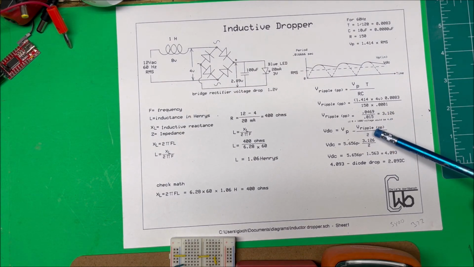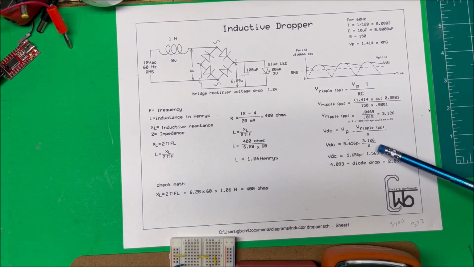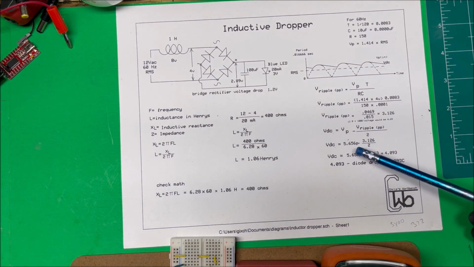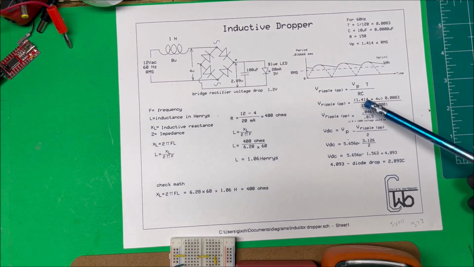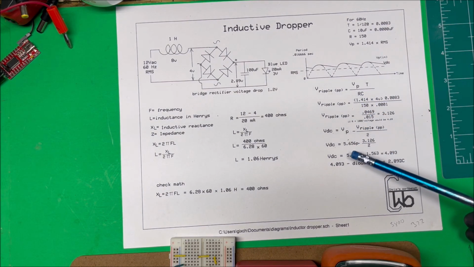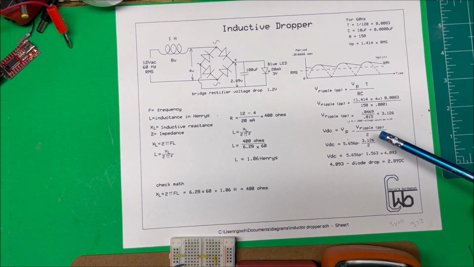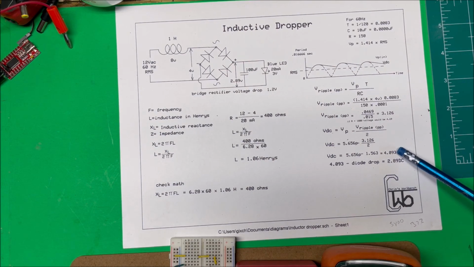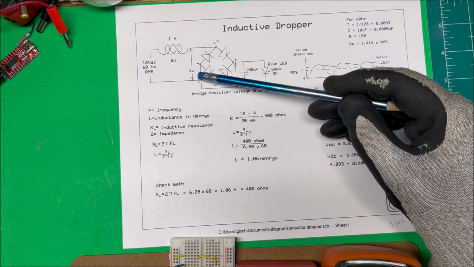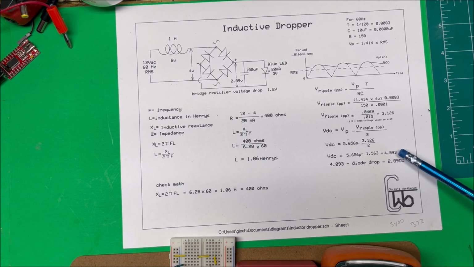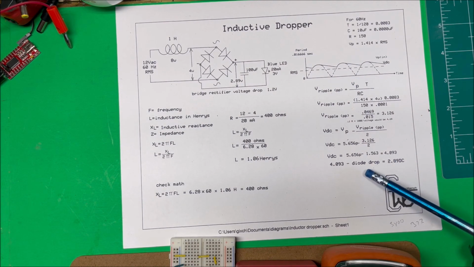We have to cut that in half, and that comes out to 0.1563 volts, and we subtract that from our peak value, which is 1.414 times 4 volts, or 5.65 volts. So we come up with 4.093 volts, a little higher than the voltage coming in, but now we have to take the diode drop out.